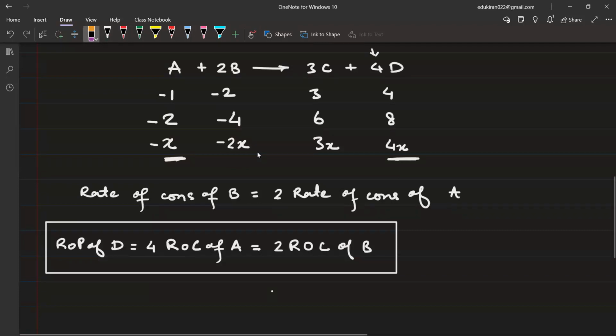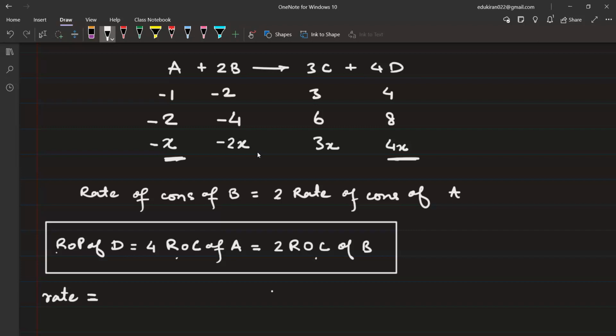So what people said is that we should write this in terms of the stoichiometric coefficient. So they said that we will say the rate of the reaction will be equal to, see, all of these things are equal, let us divide each and everything by 4. Let us divide this equation, this equation, this equation by 4.